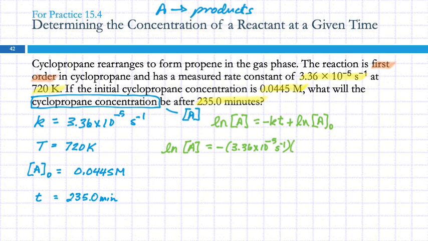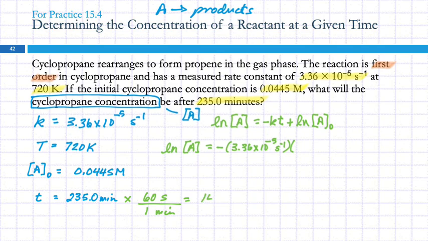Do we have an issue here with units? Yeah. So this was given in minutes. All of these calculations are done in seconds. So we need to convert the minutes to seconds. There are 60 seconds per 1 minute. So I can take that 235 and multiply by 60.